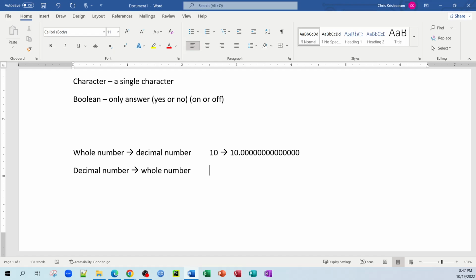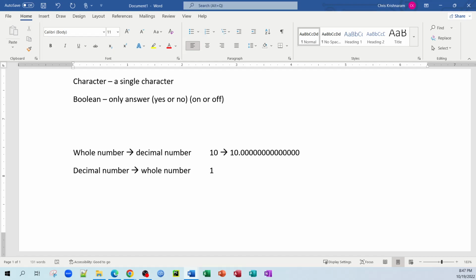Can you take a decimal number and put it in the place of a whole number? No. That is correct. The answer is no, you cannot.